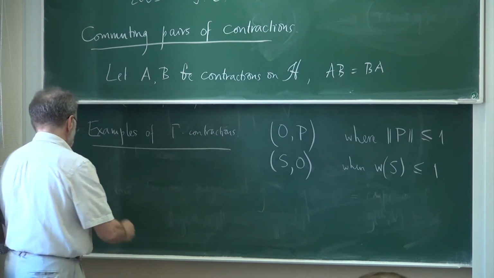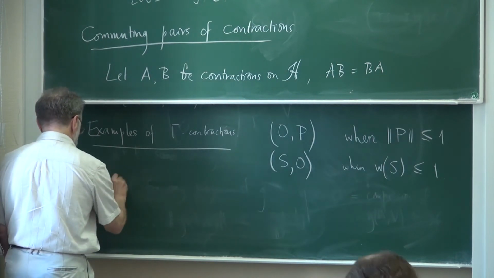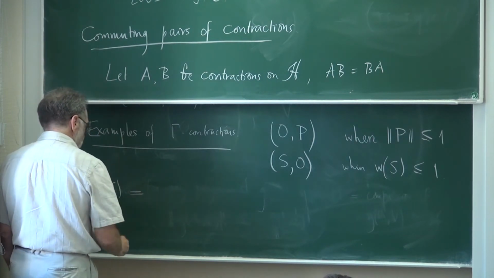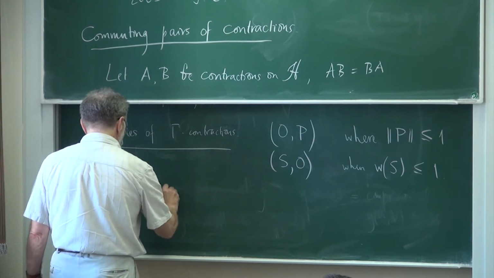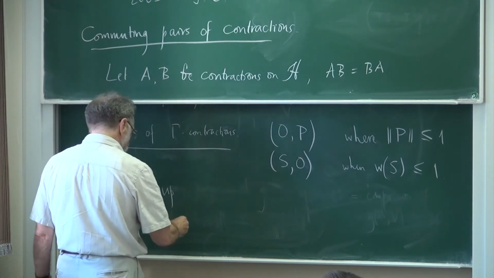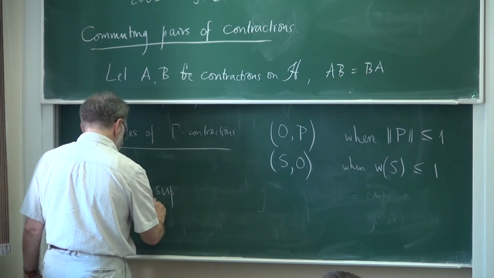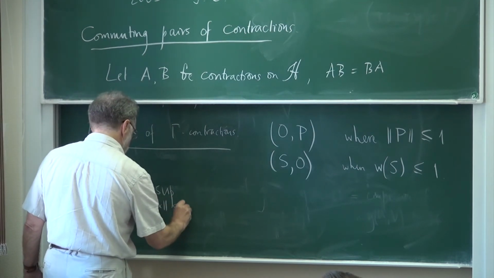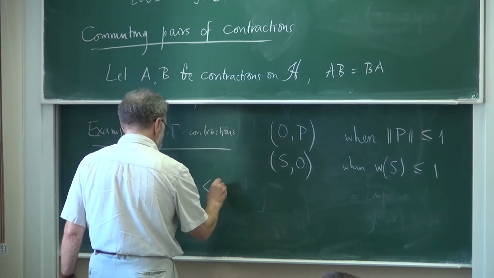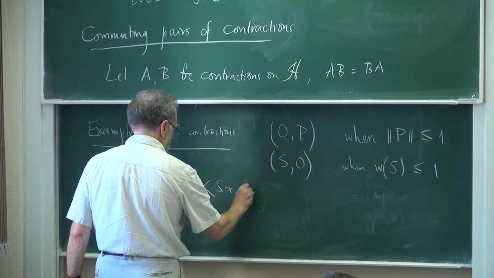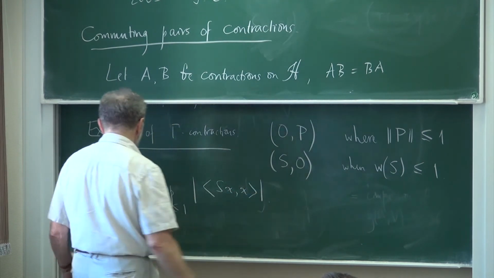So the numerical radius of S is defined to be the sup over norm x less than or equal to 1 of the modulus of the inner product of Sx with x.